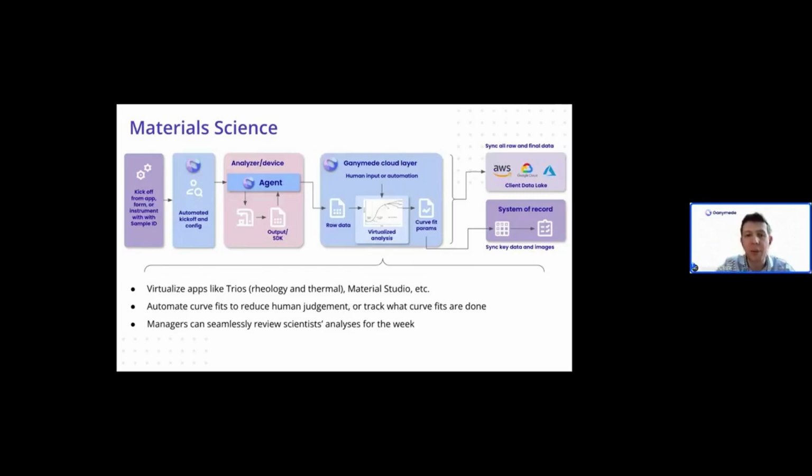And so apps for things like material science or chemistry, we find that this is a particularly powerful approach there, because in those sorts of cases, people oftentimes are also doing some sort of curve fit or statistical analysis that they may want automated or have some human in the loop analysis with, but file formats are often locked down. You have to have virtualization or have the program in some way to open up the data from the manufacturer.